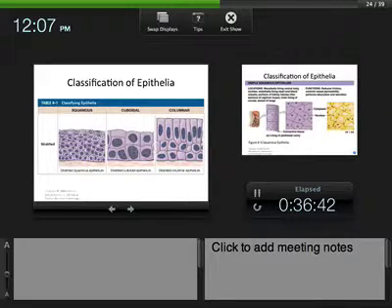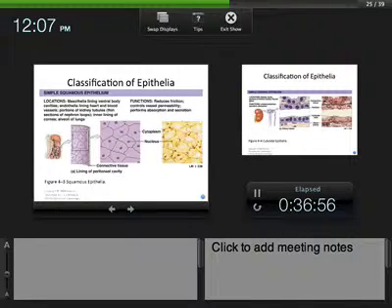Stratified cuboidal epithelium are stacks of these cubes, and stratified columnar are stacks of these columns. So it follows pretty good rationale. We're going to go through these one at a time quickly.